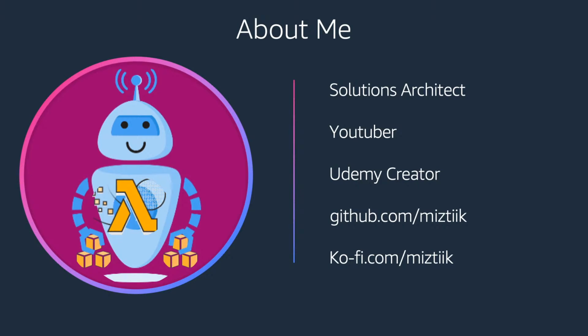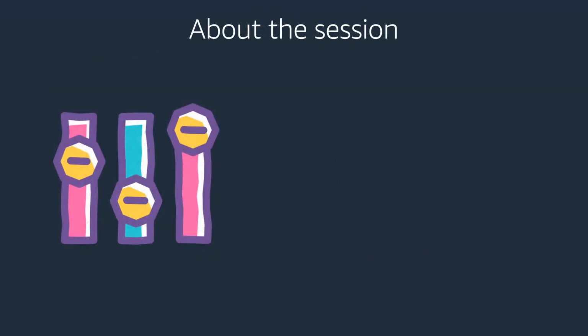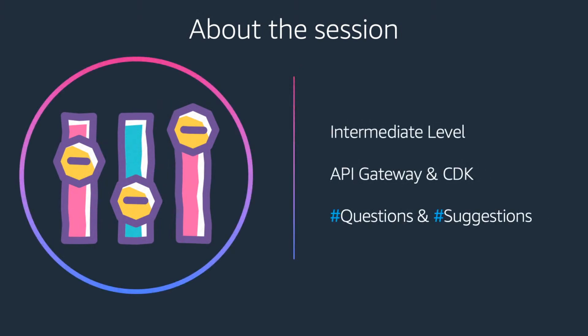Let us go ahead and see what we are going to see today. Today's session is going to be about API Gateway, and we are going to use CDK to build API Gateway along with some backend and some customizations on top of that. As I was asking in the beginning, today's session is going to be at an intermediate level. We are not going to talk about why AWS, what is AWS, what is Lambda, or why you need to use Lambda instead of EC2.